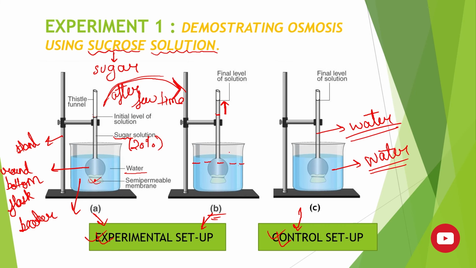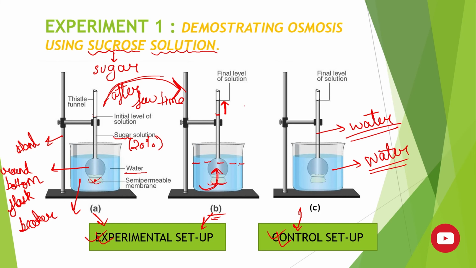Now, what we can conclude from this change in apparatus B of this experiment is that osmosis has taken place. How and why? How? We can understand that water molecules have passed into the round bottom flask, crossing the semi-permeable membrane.